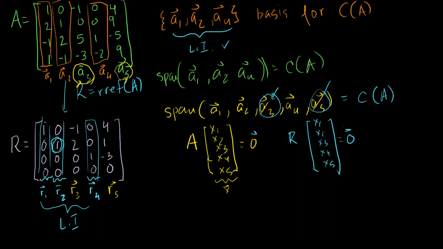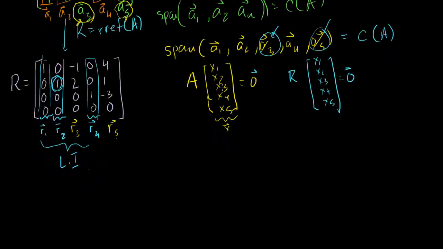So these equations can be rewritten. I can rewrite this as, what were the column vectors of A? They were A1, A2 through A5. So I can rewrite this as x1 times A1 plus x2 times A2 plus x3 times A3 plus x4 times A4 plus x5 times A5 is equal to 0.